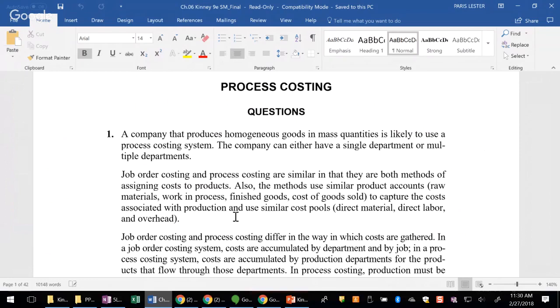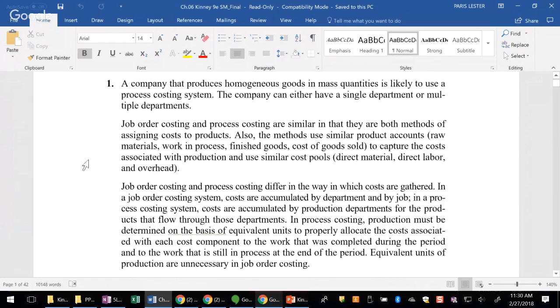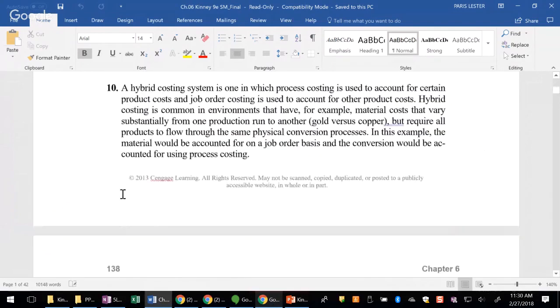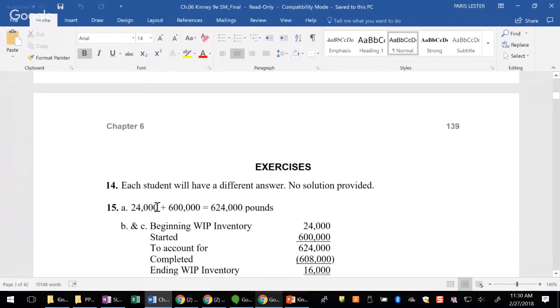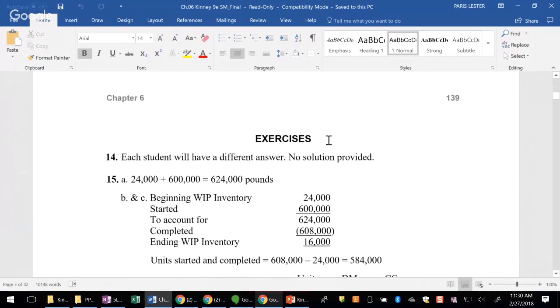All right, so let me show you the rest of this solution. Here's a question I asked Robert. Here's a question Giorgio answered. Units started and completed. If we want to do FIFO, you've got to know started and completed. So we know we shipped out 608, transferred out or completed.